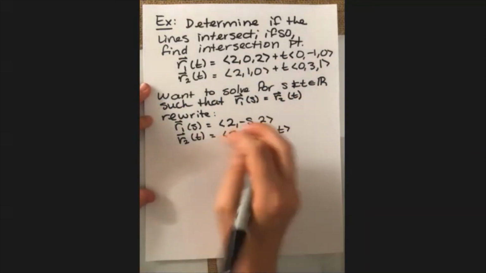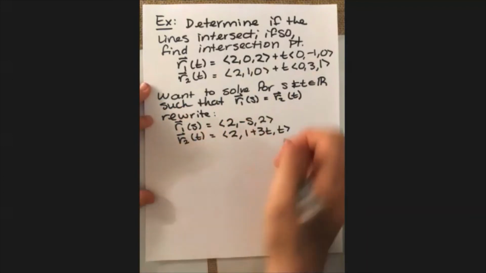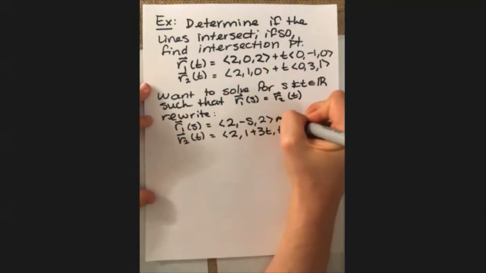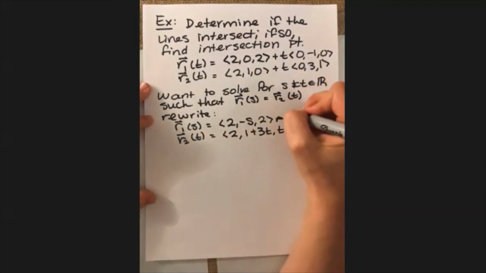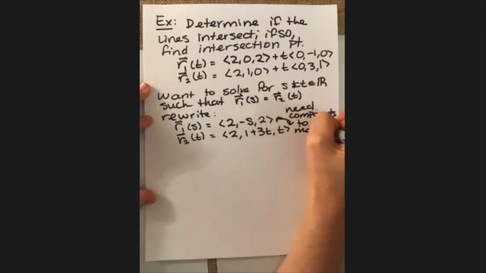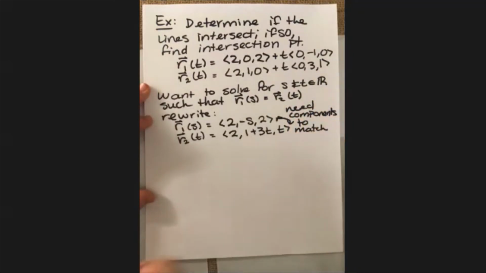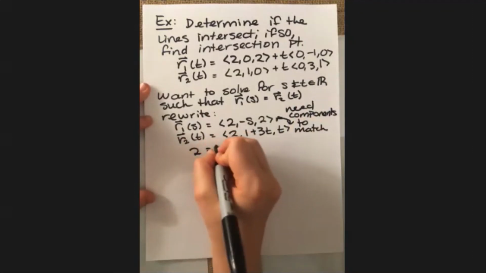Now, in order to be able to solve for s or for t, our goal, to see if they intersect, is to make the components match. So this is going to give us 3 equations that we want to solve. 2 equals 2.